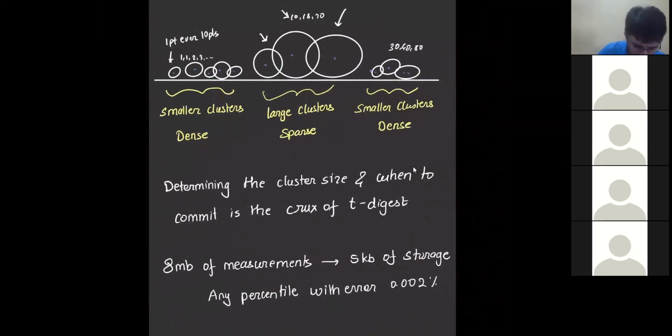So here what happens is, in this part you have 1 point for every 10 points stored here, and here you have massive big clusters. So again the same thing: you would have far fewer points being registered for those big clusters.